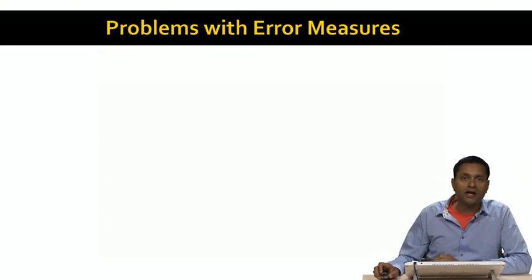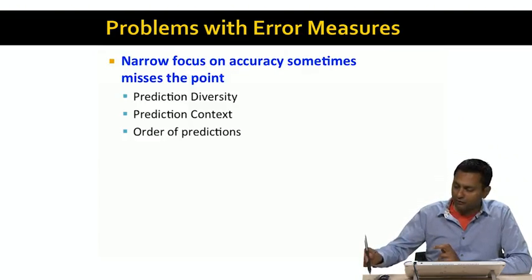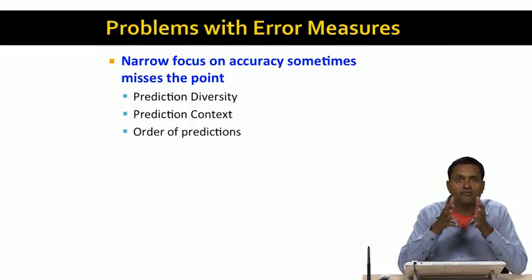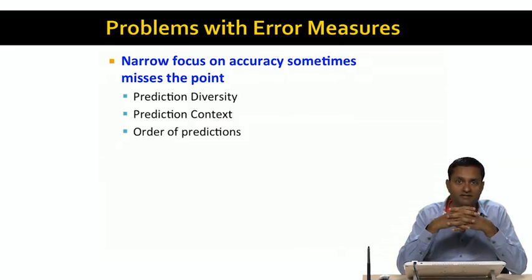Now, while RMSE is a very simple measure, it does have a few problems. One of the most common is that this narrow focus on accuracy, or RMSE, sometimes misses the point of why we implement a recommender system in the first place.